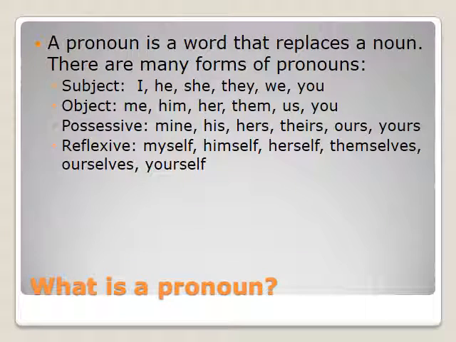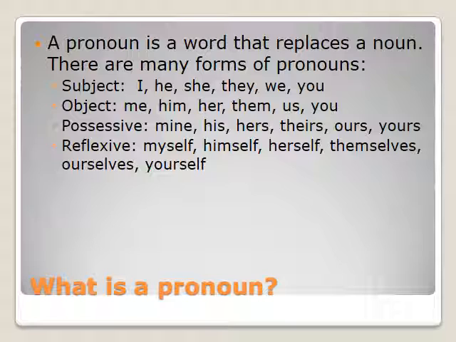All right, so now we need to talk about what is a pronoun. We're going to introduce two different kinds of pronouns here, but there's more than two that we can talk about. There's subject pronouns, object pronouns, possessive pronouns, reflexive pronouns. A pronoun basically is a word that replaces a noun.